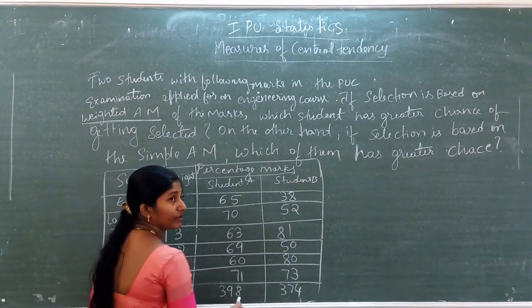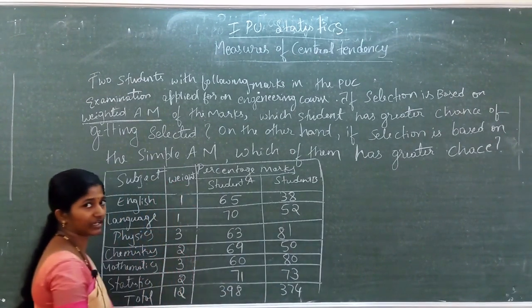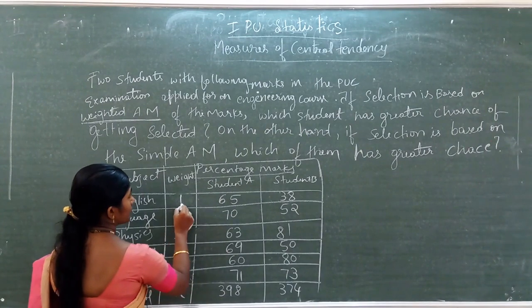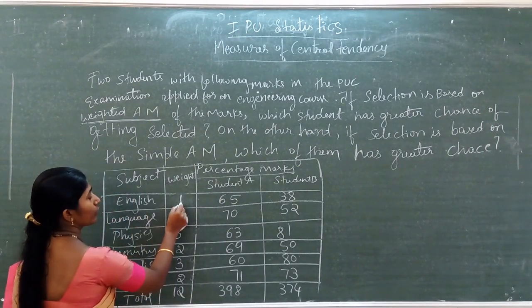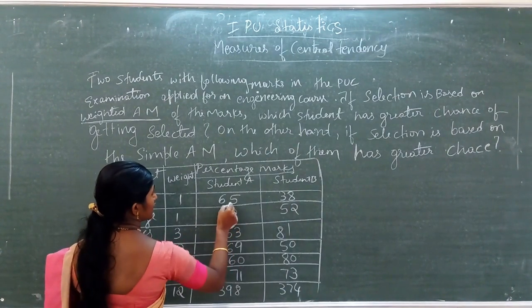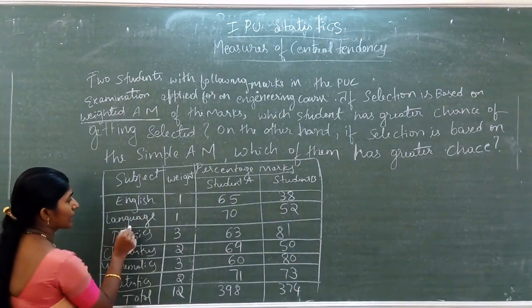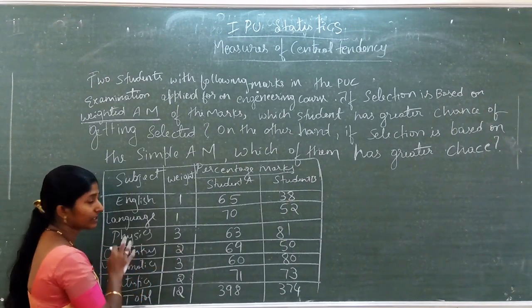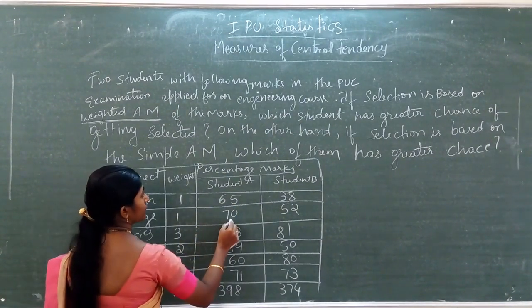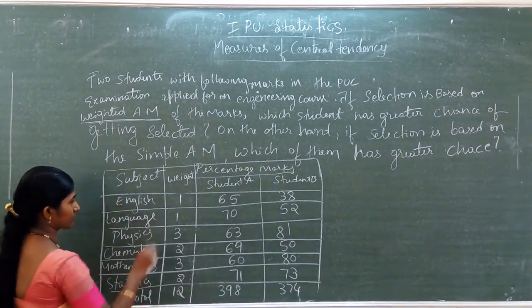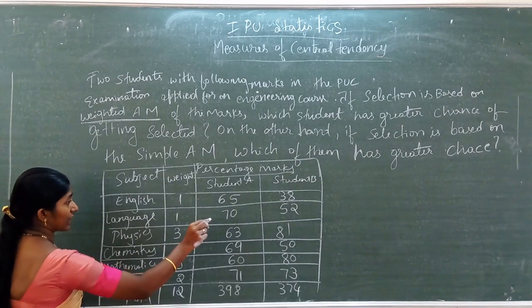We have to calculate whether A or B will get the chance. For English the weightage is 1. Student A got 65, and for the language, weightage 1, maybe Kannada, Sanskrit or Hindi, student A got 70 marks and student B got 52, less.